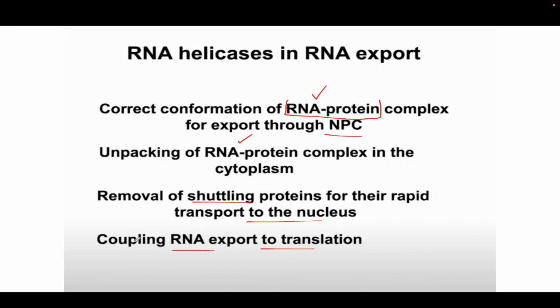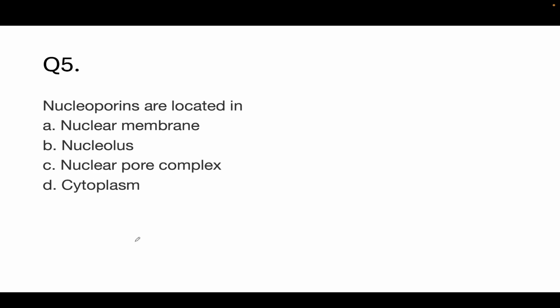Got it? I think it is clear to everyone what the function of RNA helicases in RNA export is. So till now we talked about RNA helicase function in ribosome biosynthesis, transcription and RNA export. Next, try to answer this question. Nucleoporins are located in the nuclear membrane, nucleolus, nuclear pore complex or cytoplasm.